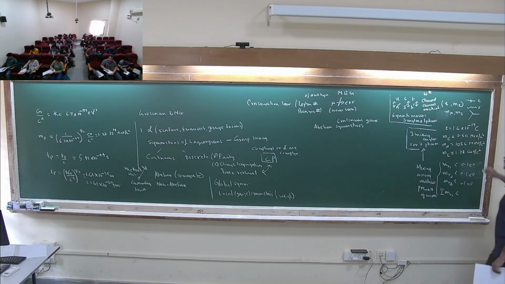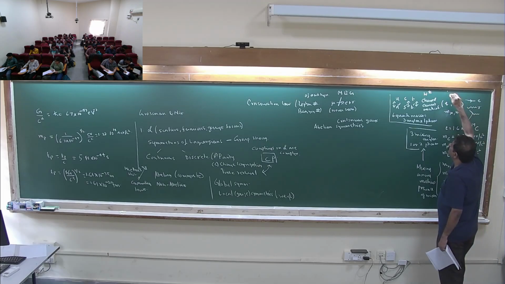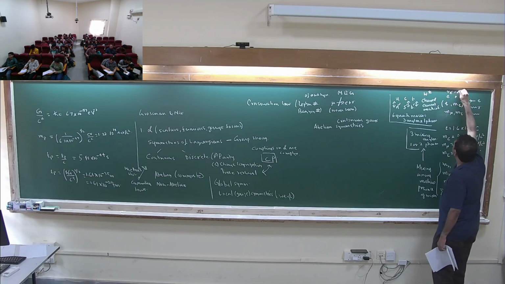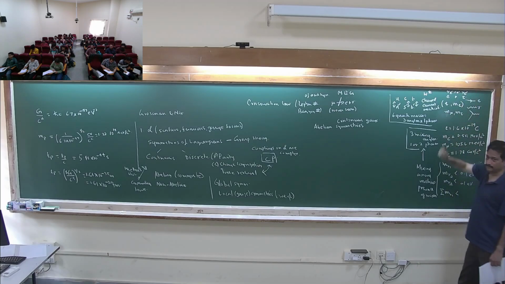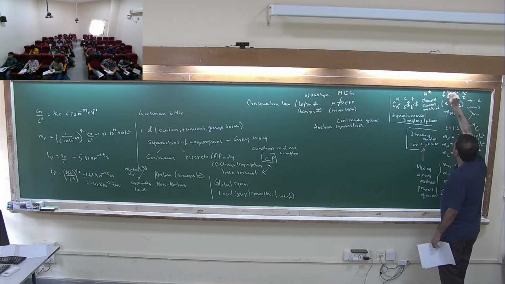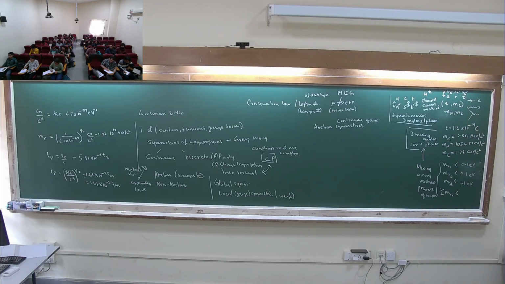So just as you have the transitions between e, mu, tau, the same weak current interaction causes transitions between the quarks. Very good.